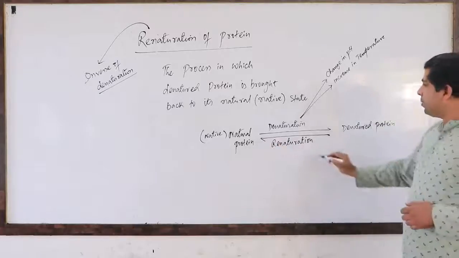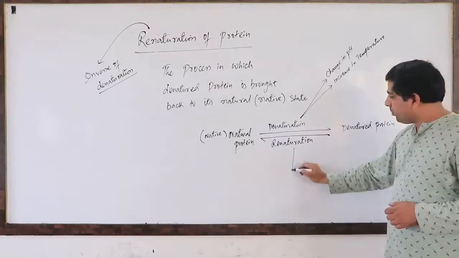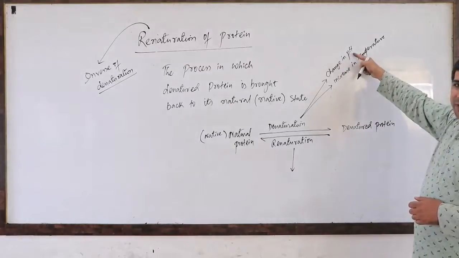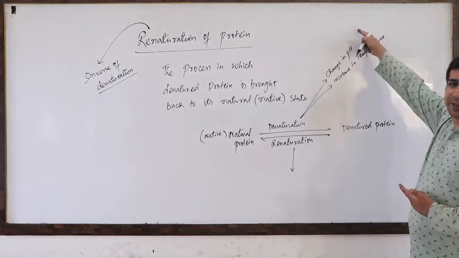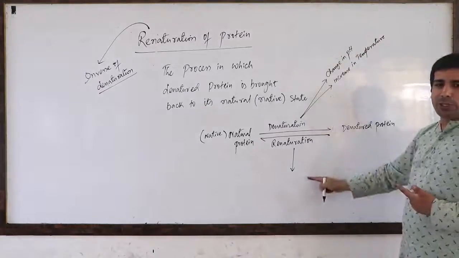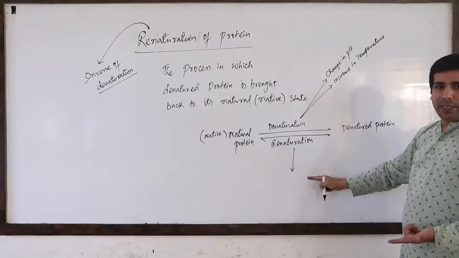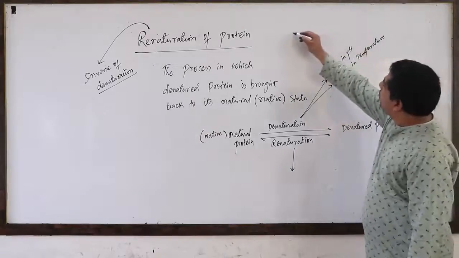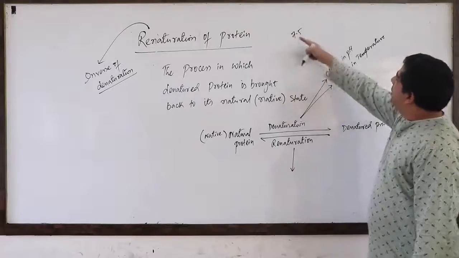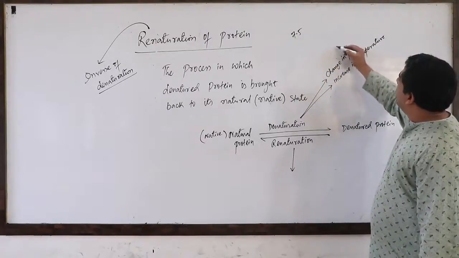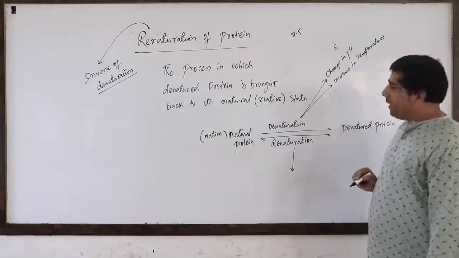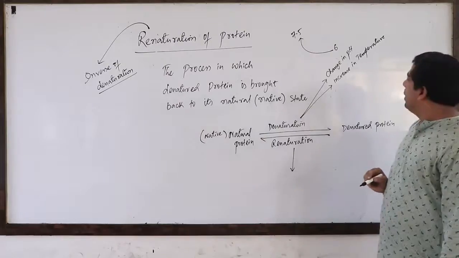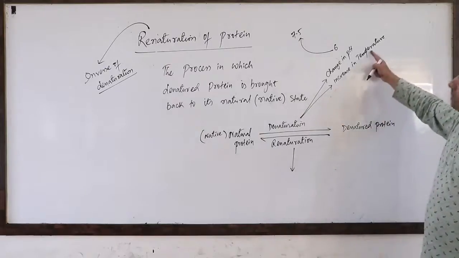Okay? So in renaturation, what you have to do, again, let us suppose change in pH I have done first of all. If the pH was made acidic here, you have to make the pH what? Basic. If the normal pH was, let us suppose, 7.5, and then you have made it acidic and taken it to, let's suppose, 6, then again from 6 you have to go back to 7.5. In the same way, increase in temperature.